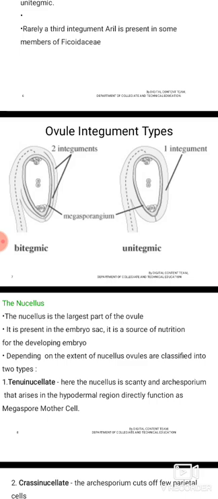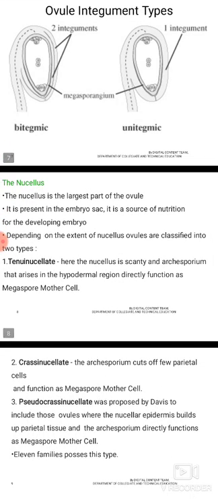Depending upon the extent of nucellus, the ovules are classified into types. Tenuinucellate: here, the nucellus is scanty and the archisporium that arises in the hypodermal region directly functions as megaspore mother cell. The second type is crassinucellate. Here, the archisporium cuts off a few parietal cells and functions as megaspore mother cell.